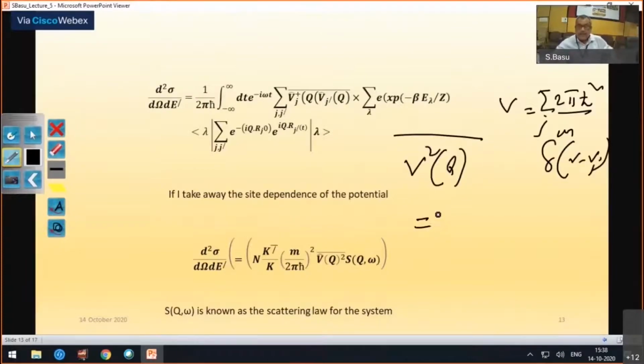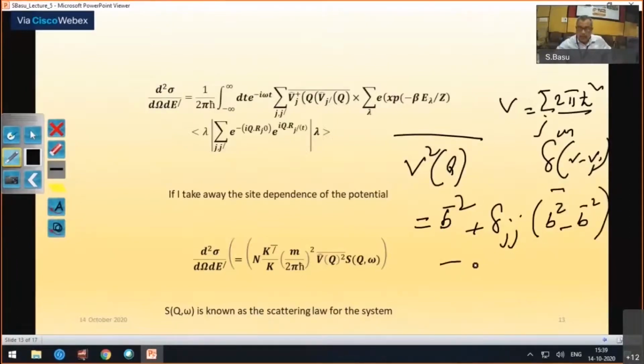If I forget about the time, here there is no time, it will take me back to b average square plus b square average minus b average square, what I talked to you about for all the previous lectures. But we have an added thing, this is S of q omega.